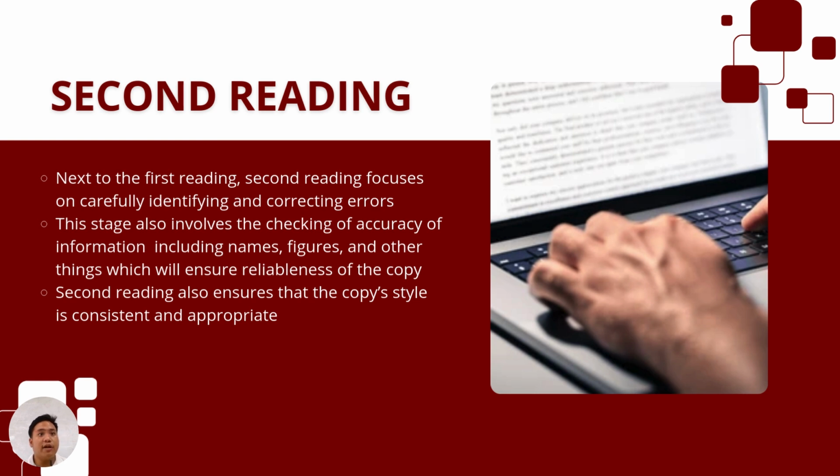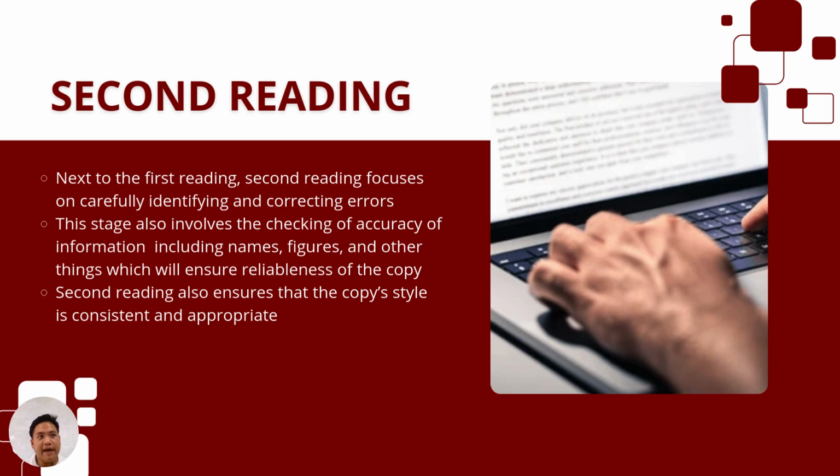This stage also involves checking the accuracy of information, including names, figures, and other details, which ensures the reliability of the copy. Editors also verify all the information in the copy. They check names, numbers, dates, and other details to make sure everything is accurate and reliable.